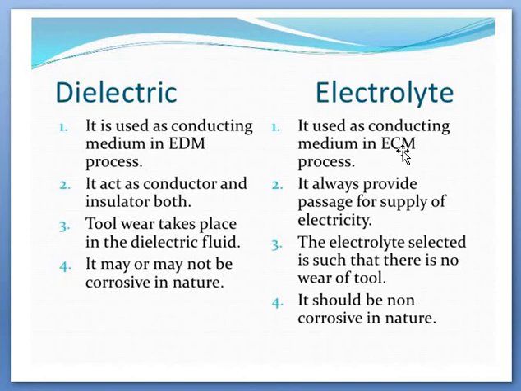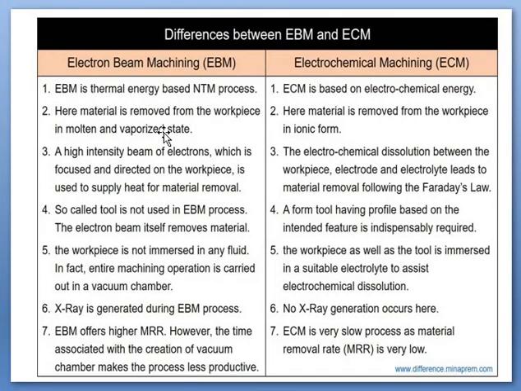Now we go for the last comparison related to this chapter, that is a comparison between electron beam machining and electrochemical machining. Right? The first point is related to which kind of energy is used for carrying out the machining process.